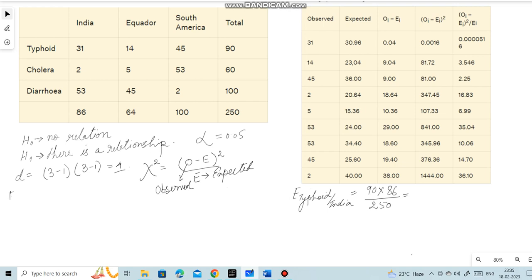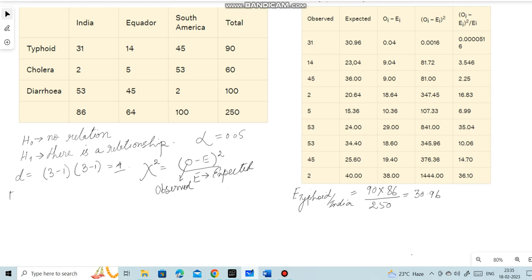If we calculate this, it comes out to be basically 30.9, or to be precise 30.96. Okay, this is how we find E. We see the observed value is 31, the expected value is 30.96.